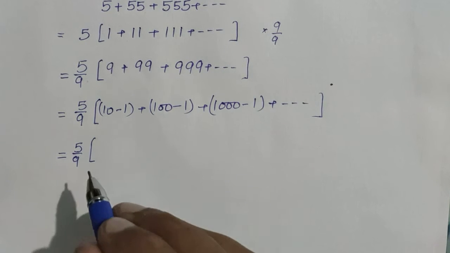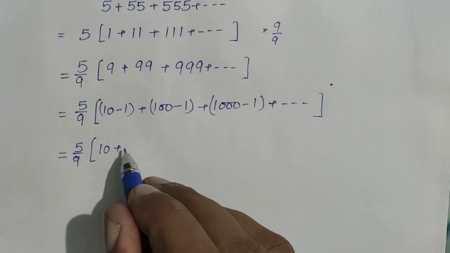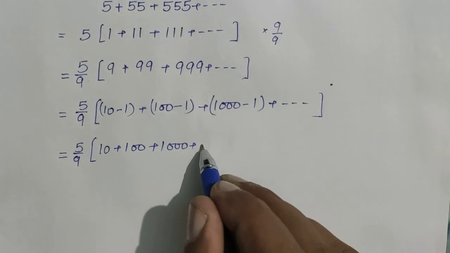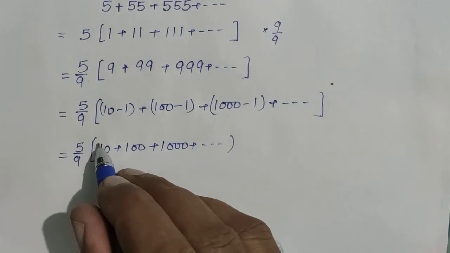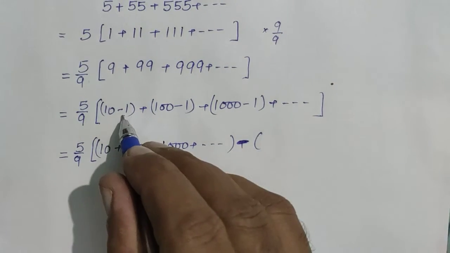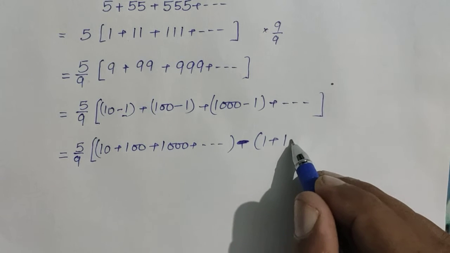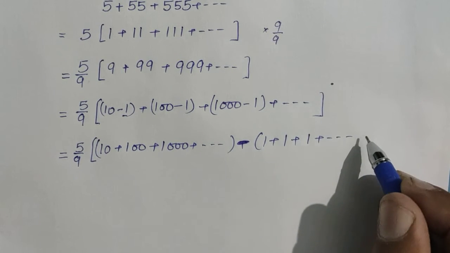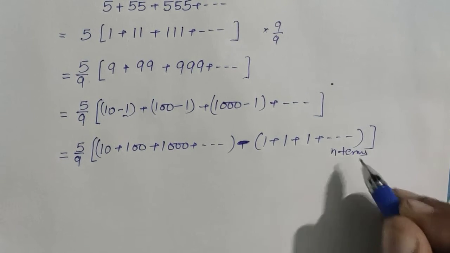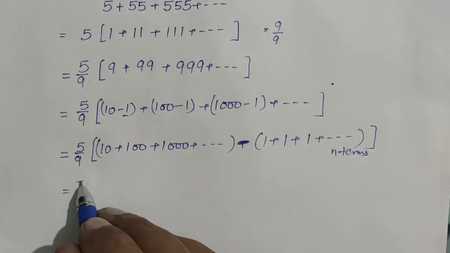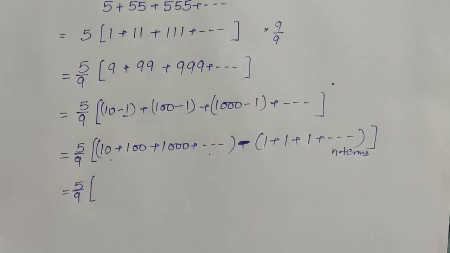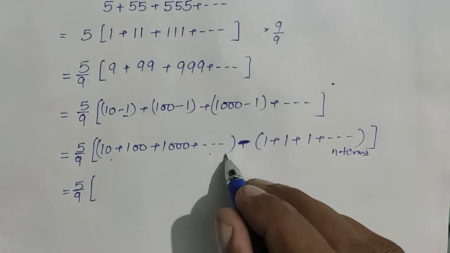But let us see: 10 plus 100 plus 1000 plus and so on up to n terms, minus 1 plus 1 plus 1 plus and so on n terms. So it will become 5 upon 9. Now we are able to see this is the geometric progression up to n terms.